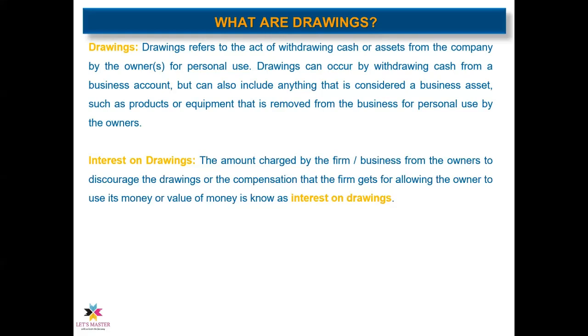Because if the partners keep on drawing money from the business, then obviously the business will run into a cash crunch. So if interest is charged on the amount that the partners take from the business for their personal use, then partners would not be very keen to withdraw money or use the assets of the business for their personal use. So that is what interest on drawings is.